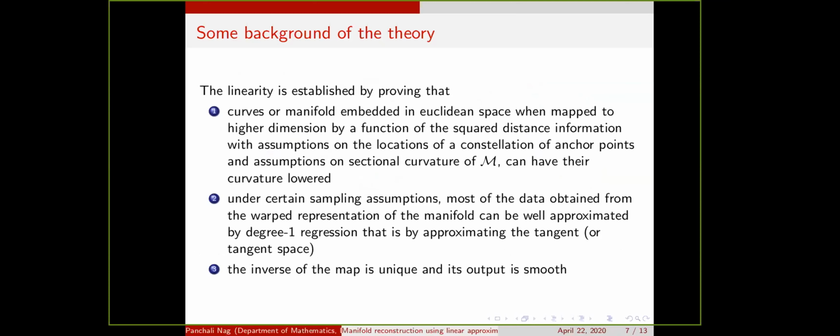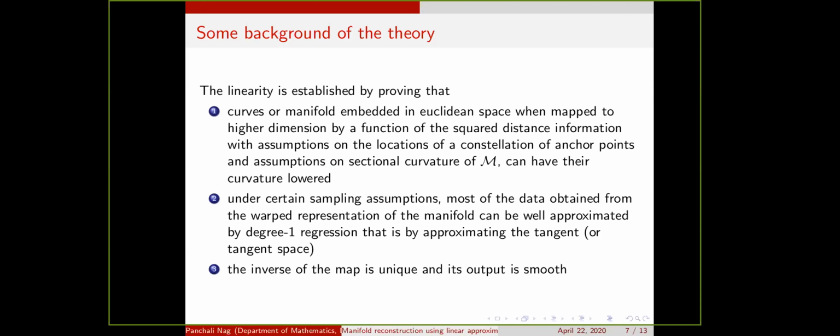The first one is a geometric result, which says that under certain assumptions on the sectional curvature of M, and under certain assumptions on the locations of this constellation of anchor points, we can have this map, which is a function of the squared distances, so that in the image of this map, the curvature is lowered.